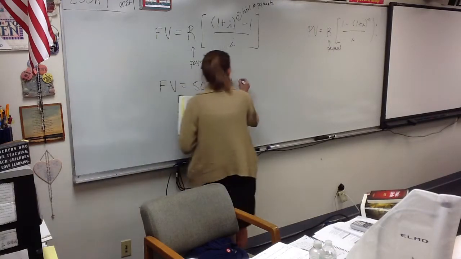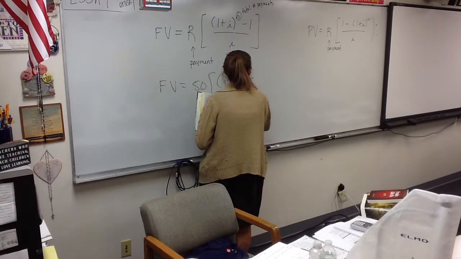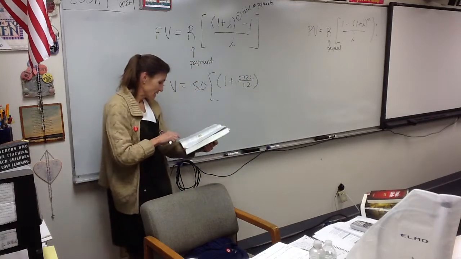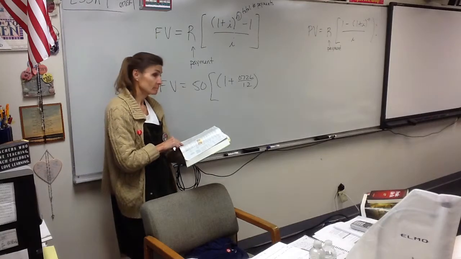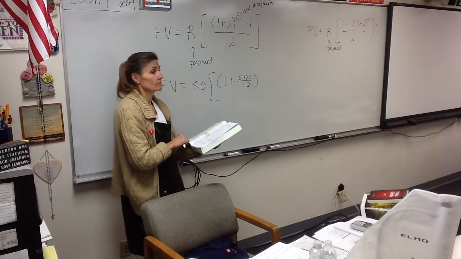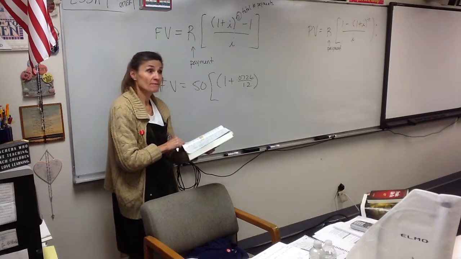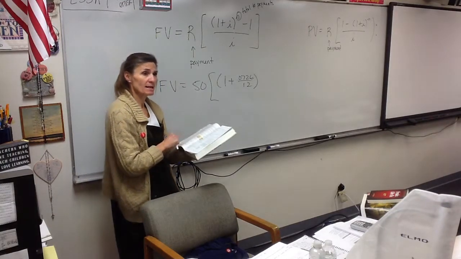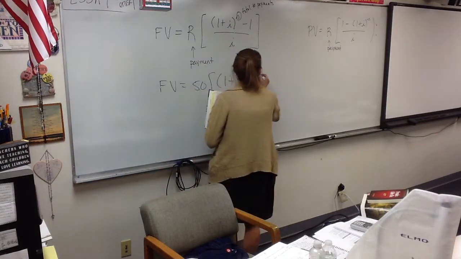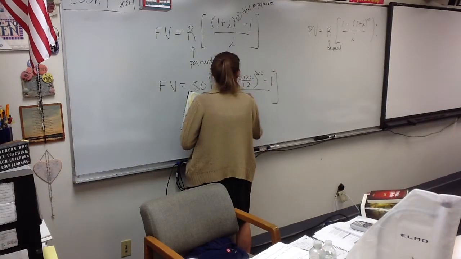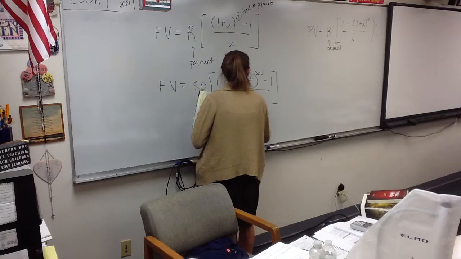Divide by 12, so 0.0726 divided by 12. What power am I going to raise that to? Whatever 25 times 12 is, that's 300? Yeah. And I'll divide it by this.